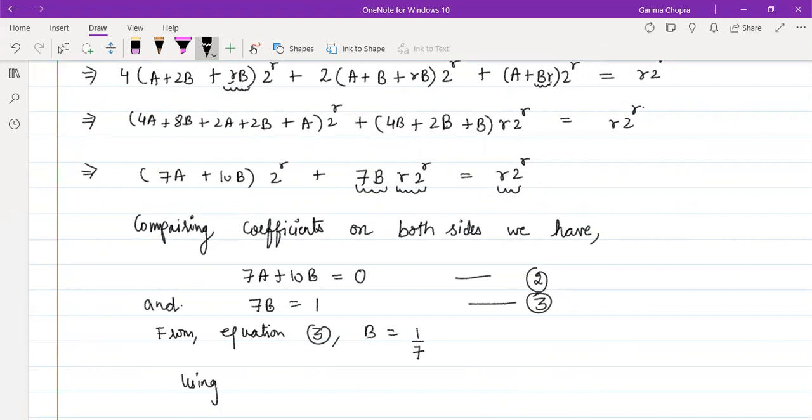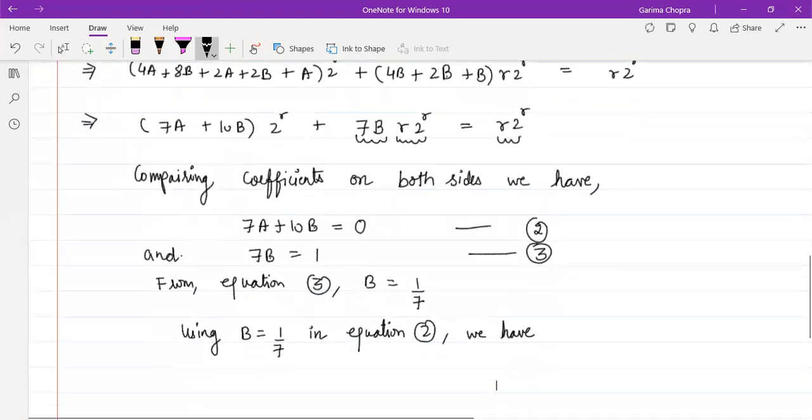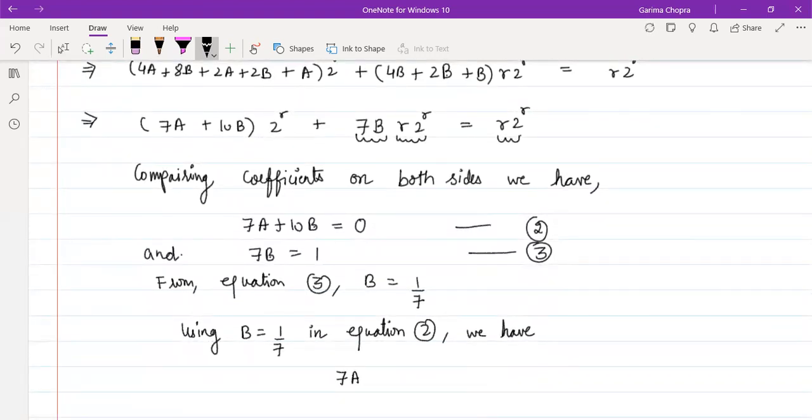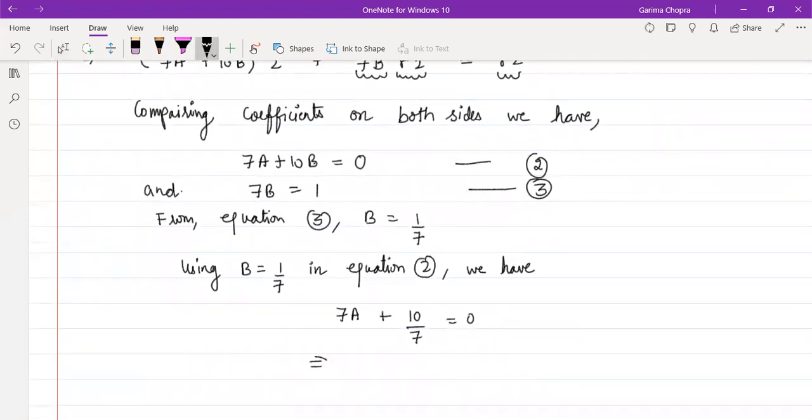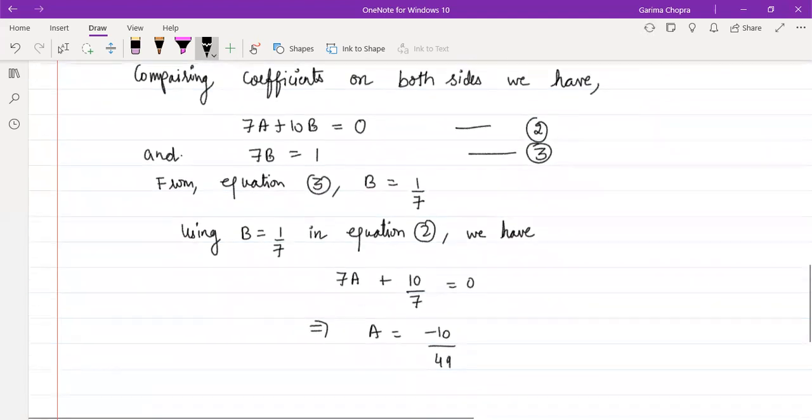And using b as 1 by 7 in equation 2, we have 7a, and let us put the value of b, which is 1 by 7. So it will become 10 by 7 equal to 0. And this will give us a as minus 10 by 49. So we have a and b with us.